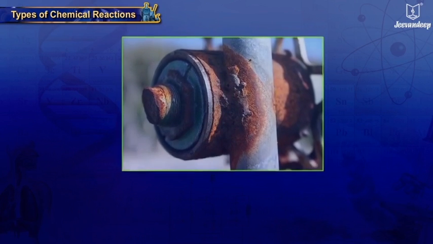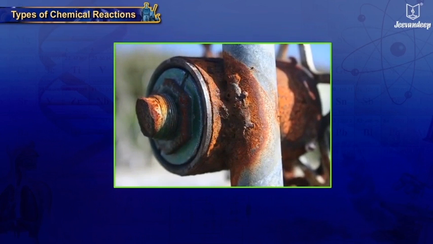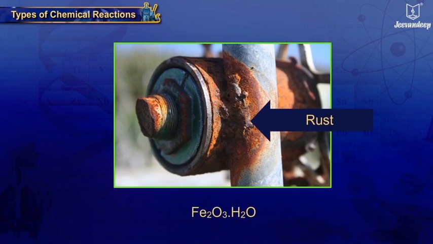A reddish-brown colored layer of iron oxide formed on the surface of iron objects is known as rust, which is the effect of corrosion. Its molecular formula is Fe2O3.H2O.